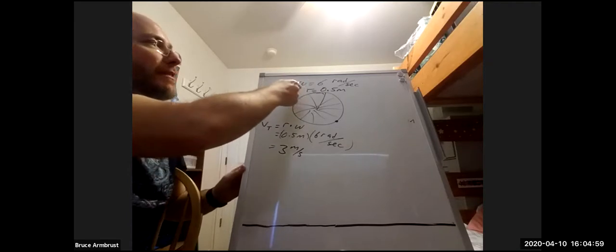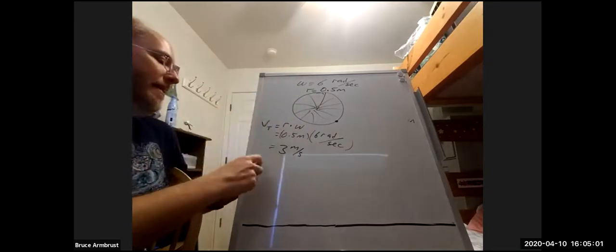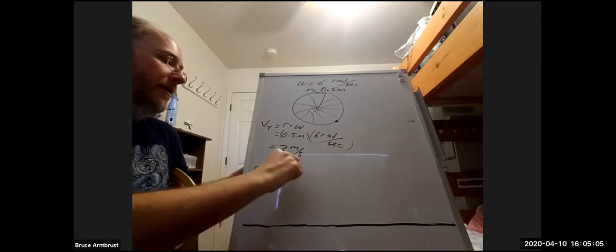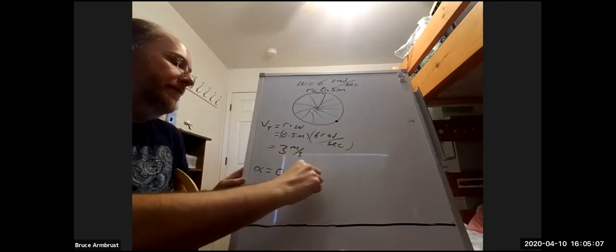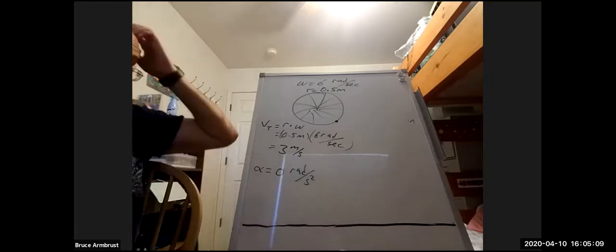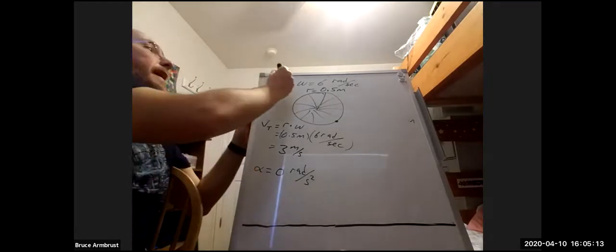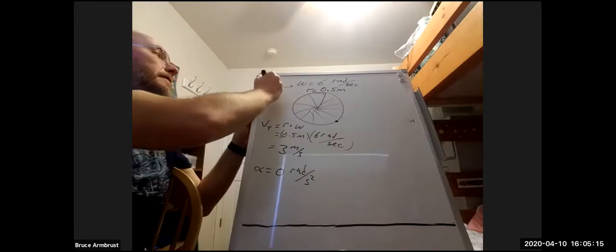Since I just said that we've got a constant omega, we actually know that alpha is 0, and this is going to be in radians per second squared. But this is only due to the fact that I just said that omega is constant.